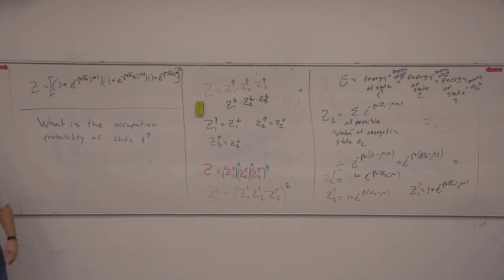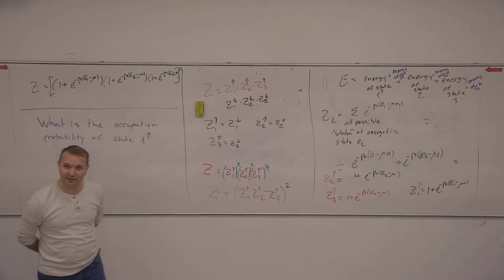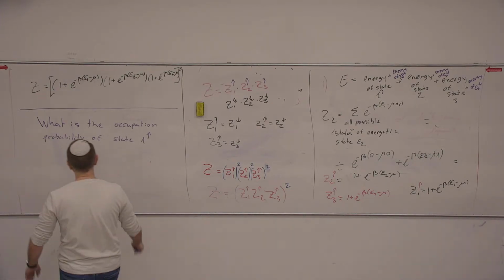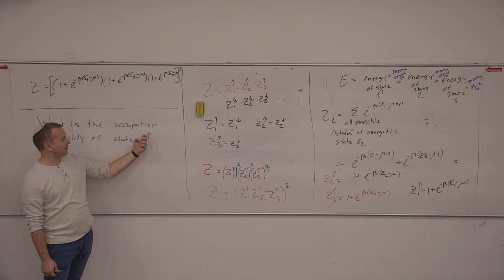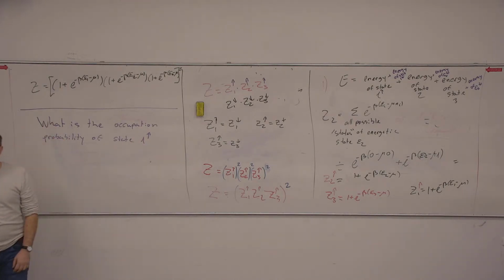So what is this long way? Also correct. So you say, all right, if I need to address this thing, with state up, I have to count, so what is the possibility of this specific configuration. Right?